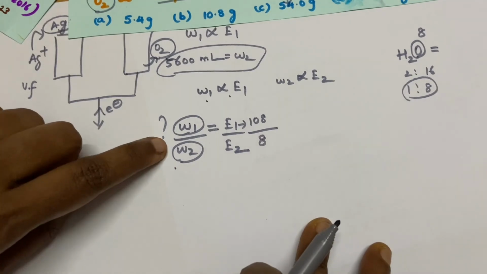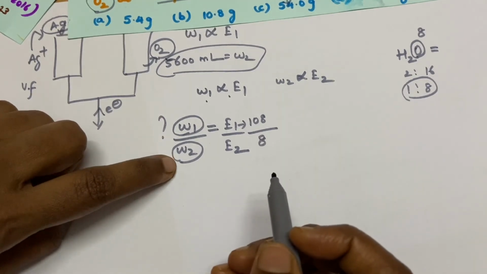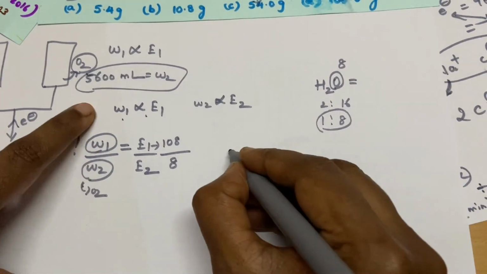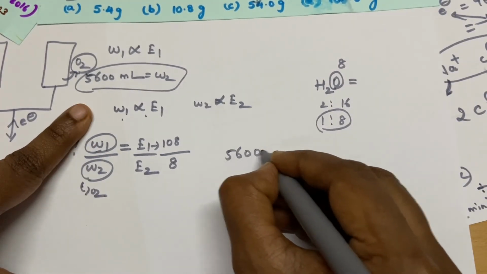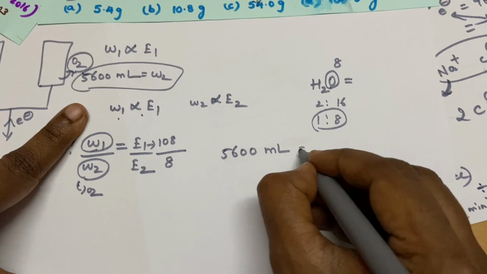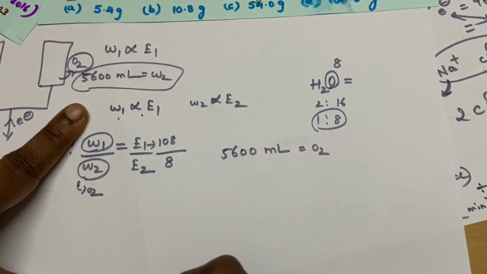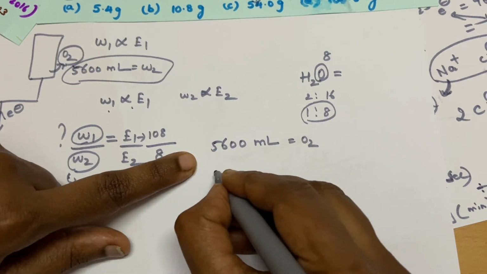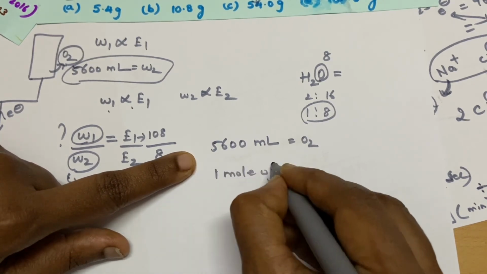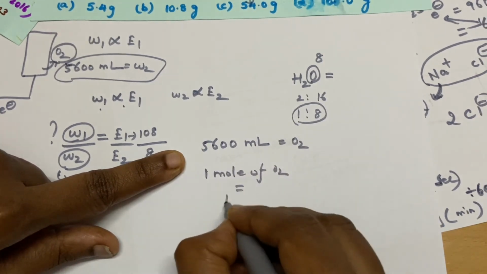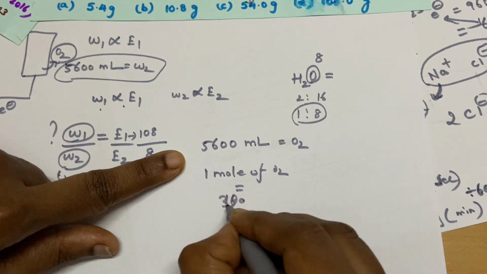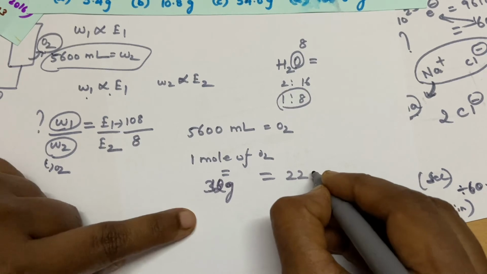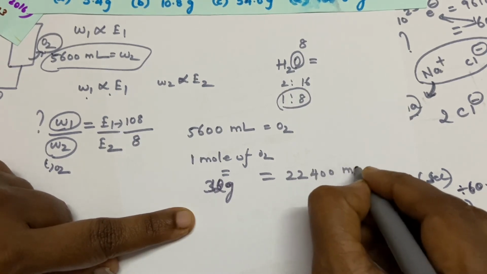So how do we find this? Before that, you have to find the weight of oxygen, which is given in ml. 5600 ml of oxygen is liberated. You know Avogadro's law: 1 mole of oxygen, which is 32 grams, will occupy 22,400 ml.